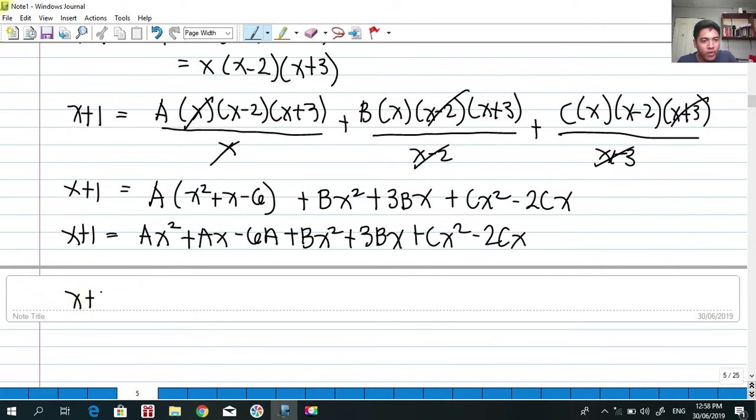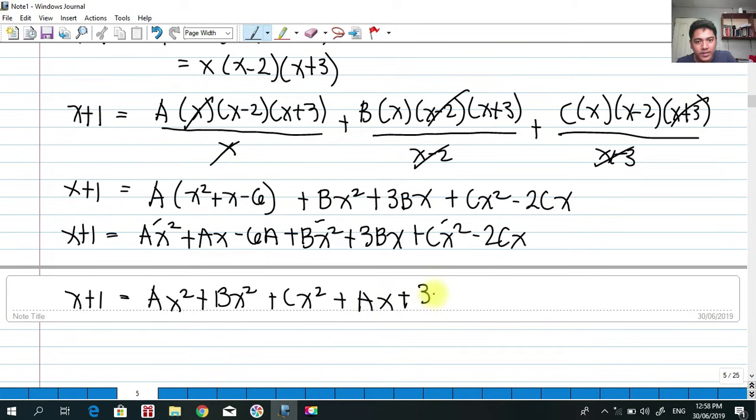And we're going to group this again. Let's get all the terms that have x squared: ax squared, plus bx squared, plus cx squared. Those are the terms with x squared. Now we also get the terms with x: ax plus 3bx minus 2cx. Then minus 6a finally for the constant.